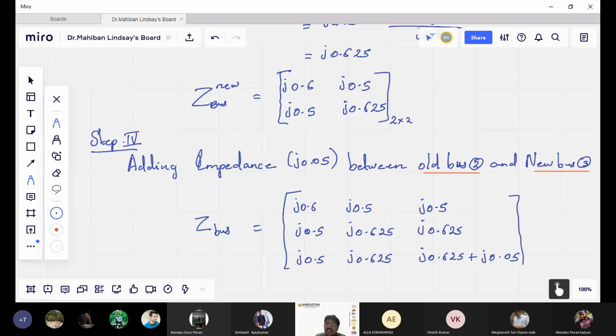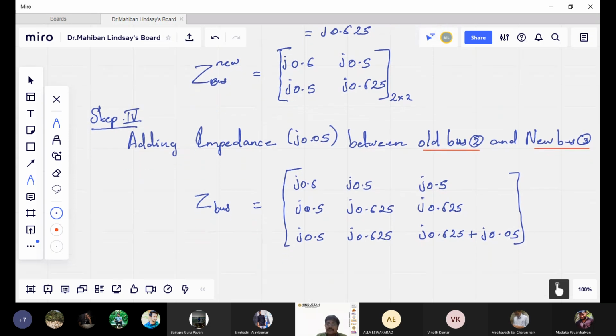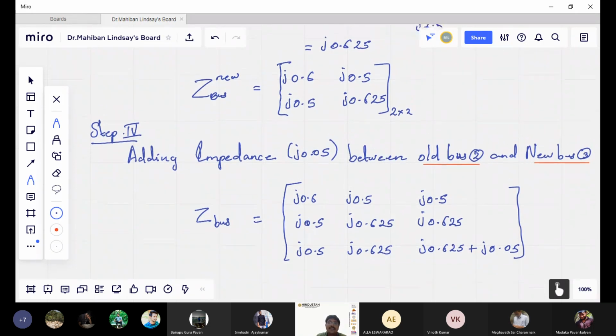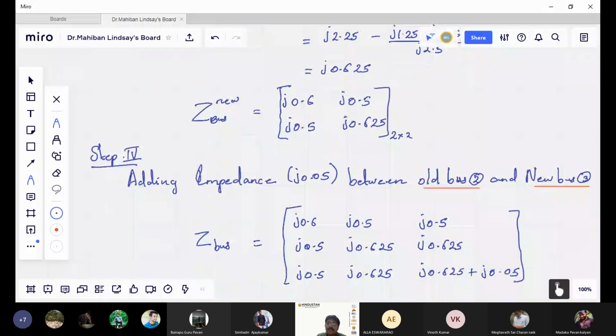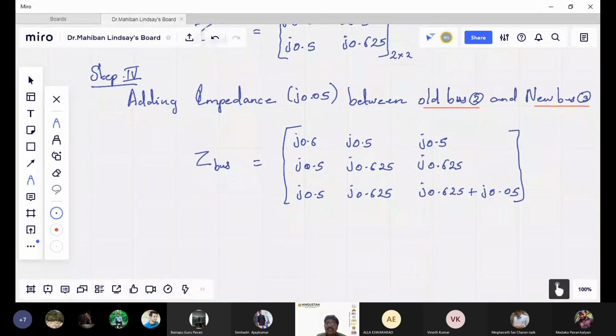If you add that value, you will get the final Z bus matrix, and here there is no need of any modification or elimination like in the previous step. So directly we can write the answer.